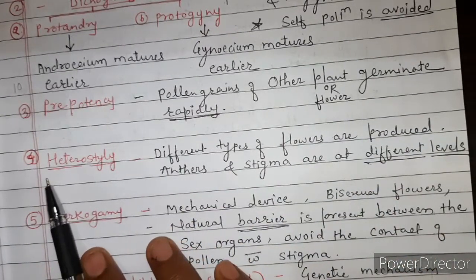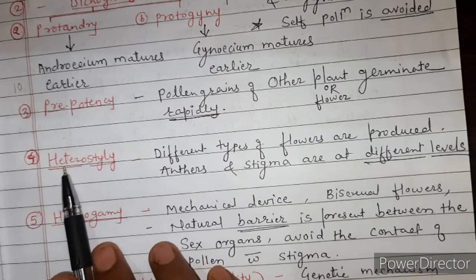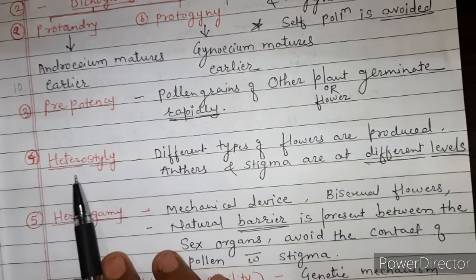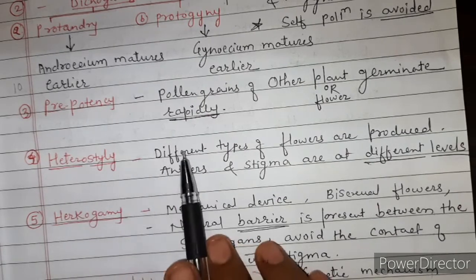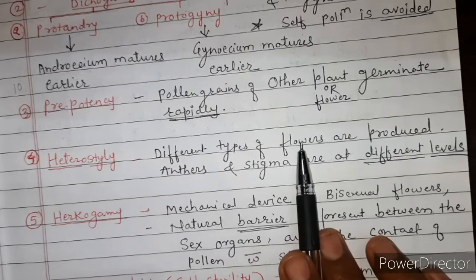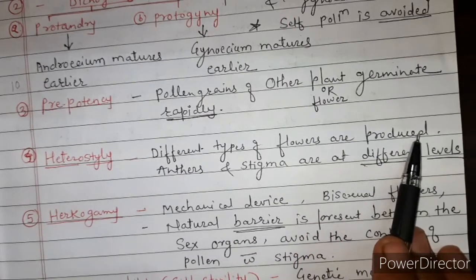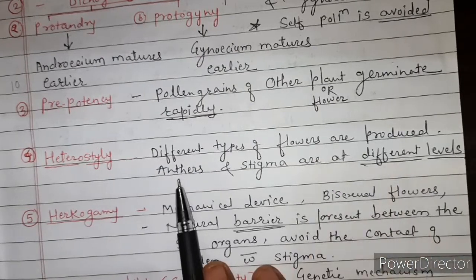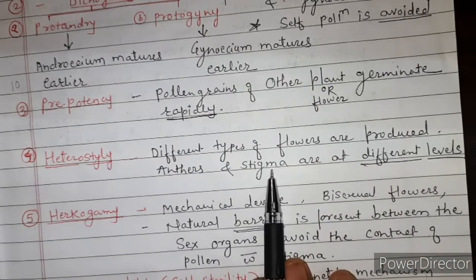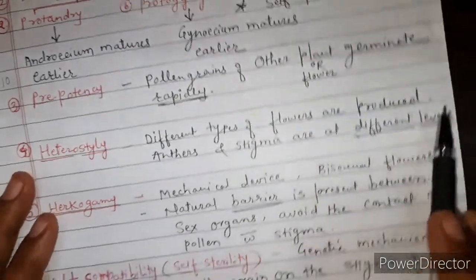Then the fourth one is heterostyling. You know the meaning of hetero. Hetero means different. In this condition, 2 to 3 types of flowers are produced in the plant, and mainly the anthers and the stigma develop at different levels.